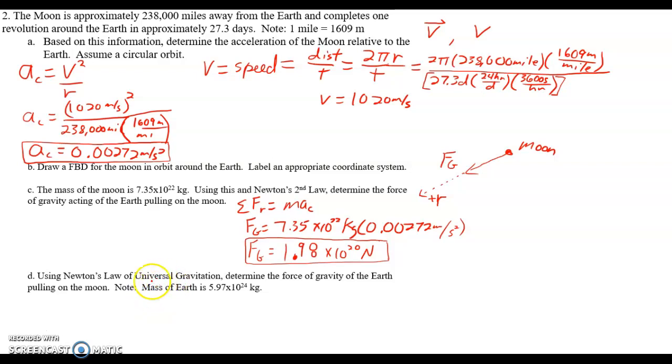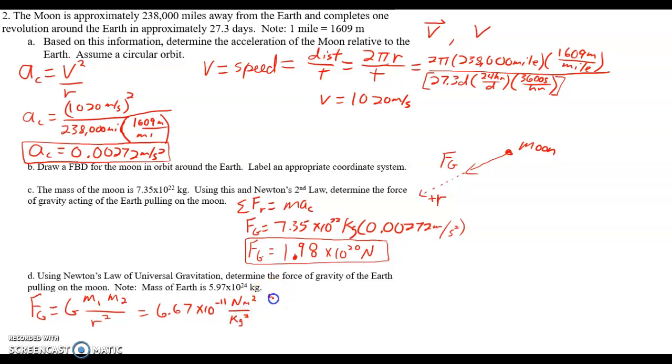Now we can calculate the same thing. In part D, we're calculating the same thing we did in C, just a different way. So force of gravity equals G m1 m2 over r squared, and that's equal to 6.67 times 10 to the minus 11th newton meters squared per kilogram squared.